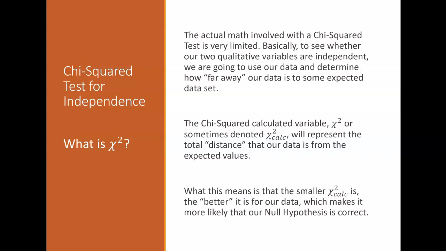So what we're going to end up doing is calculating the chi-squared calculated value. And basically, the smaller the chi-squared, the better our data fits. So it's more likely that our null hypothesis is correct. The smaller that chi-squared value, the more likely your two variables are independent. That means one is not having an effect on the other.